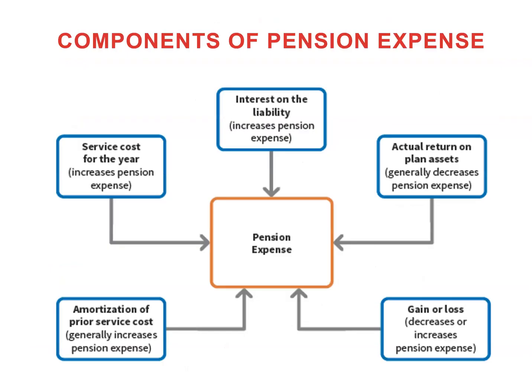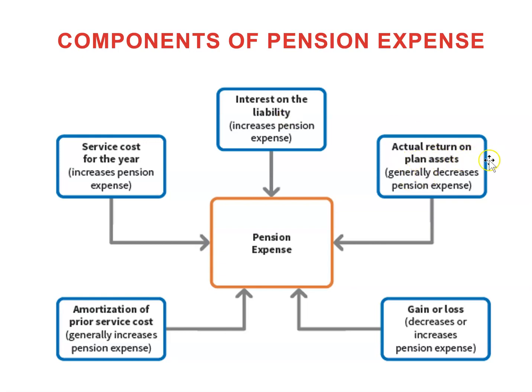So the next slide will summarize all those factors that determine the pension expense, and which factor increases the expense and which factor decreases the expense. For example, of course, service cost will increase pension expense. It's based on the employee's current year services. Interest is simply interest expense based on the amount of PBO or liabilities.